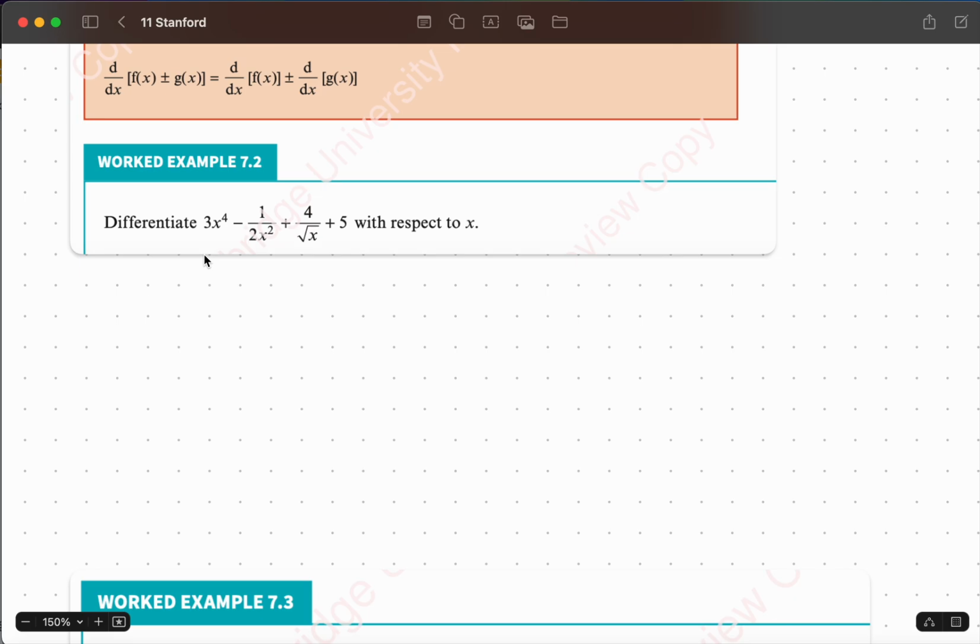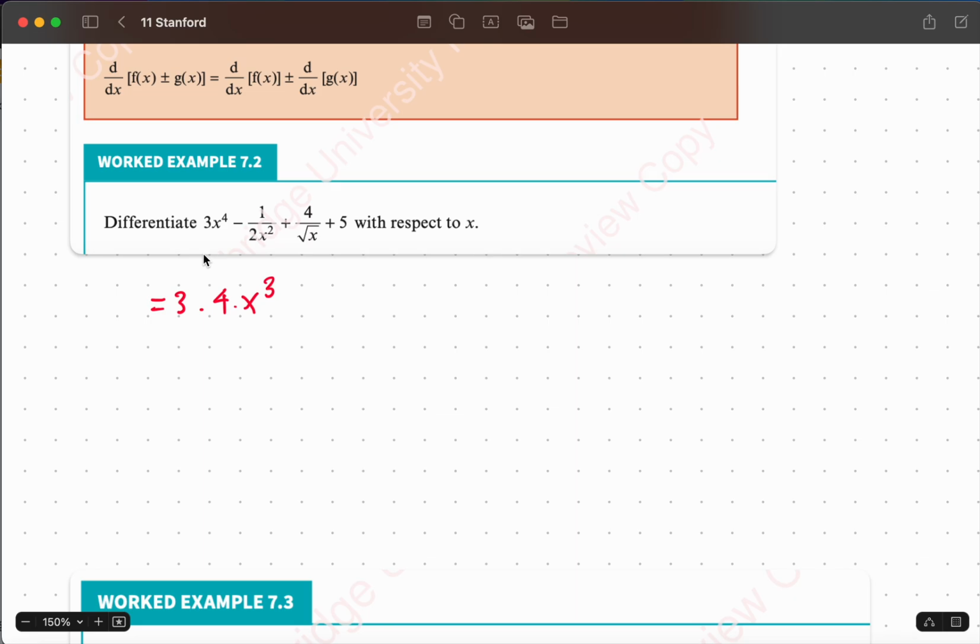Remember the scalar multiple rule: we need to find the derivative of f(x) times k, so just treat the 3 as k. The 3 is still there, and the 4 goes down, so 4 times x to the power of 4 minus 1, which is 3. So that is the differentiation.